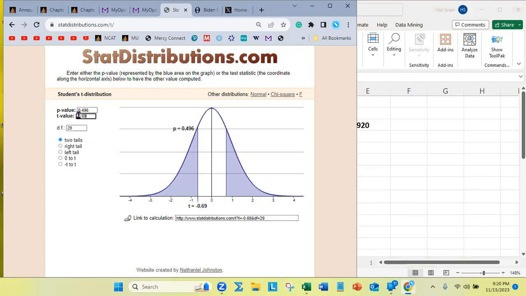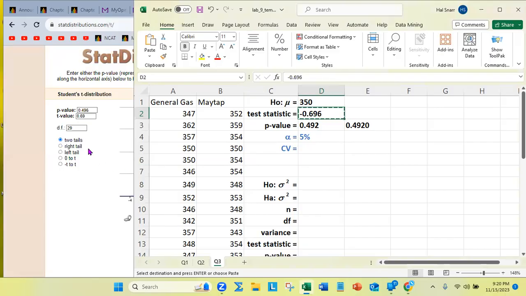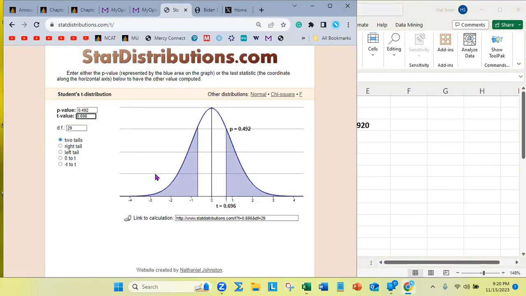So if I put in the positive value, Excel would have given me this value, right? So if I make this negative, negative 0.696, that's the value I want, and then it's a two-tailed test, right? So I have a negative 0.696 and a positive 0.696, right? And then these two added up is 0.492.